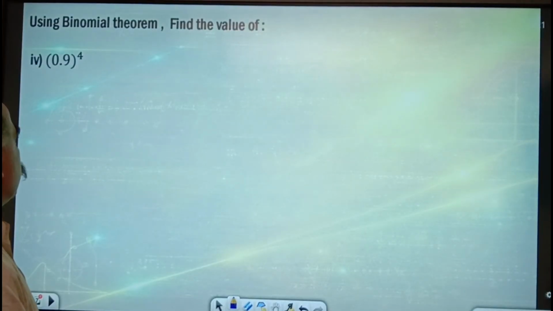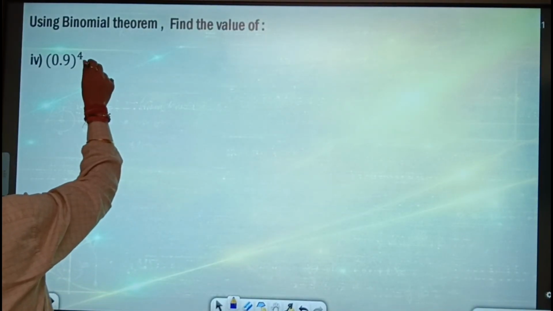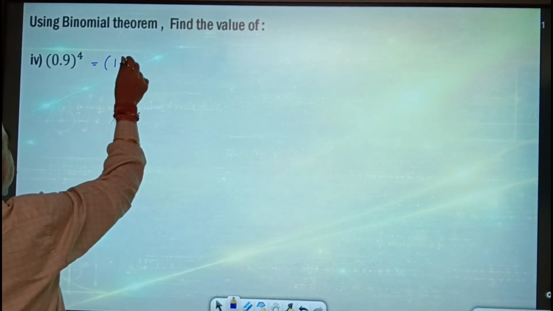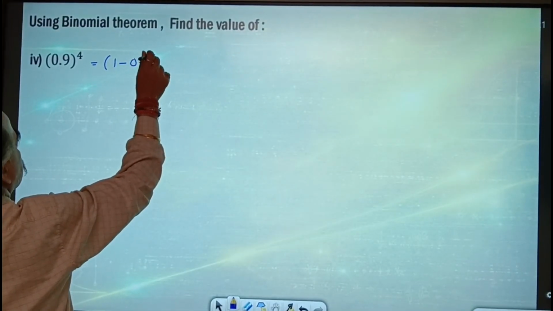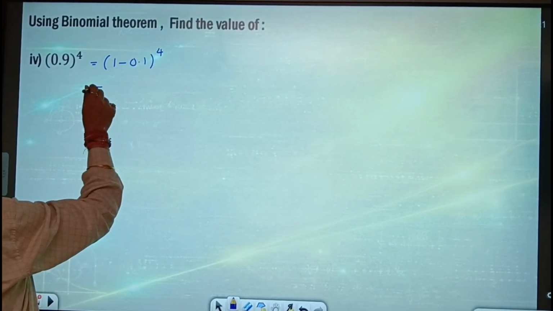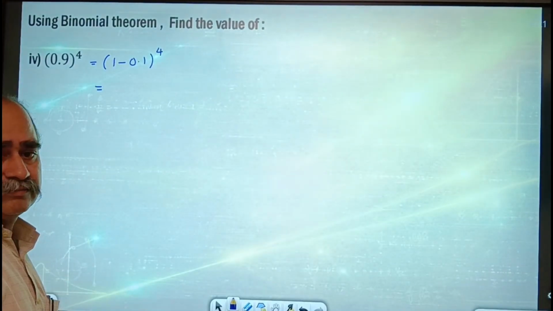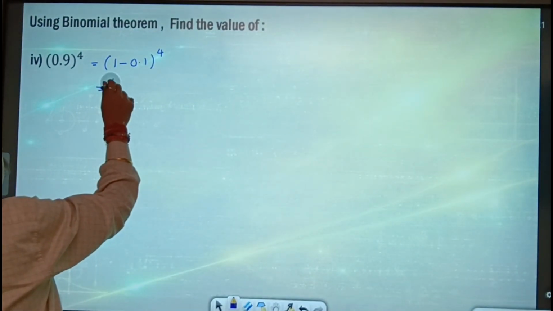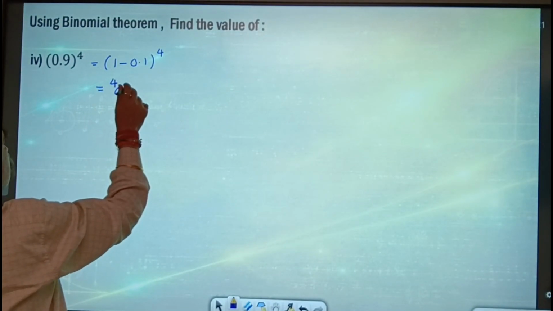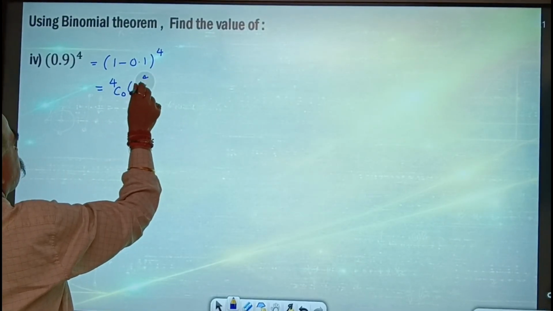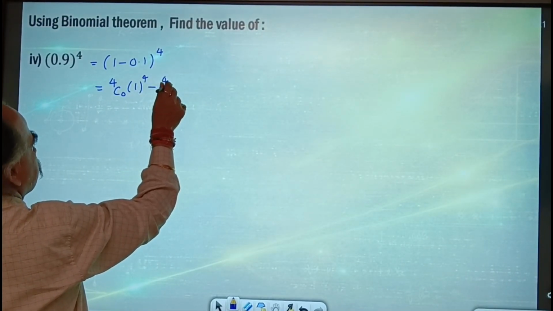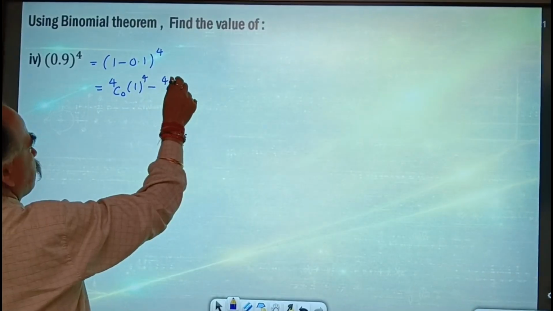The next problem is what? 0.9 raised to 4. That is 1 minus 0.1 raised to 4. In this case, alternate plus minus will come. So 4C0 times 1 raised to 4, minus 4C1 times 0.1. 1 raised to any power is what? 1.